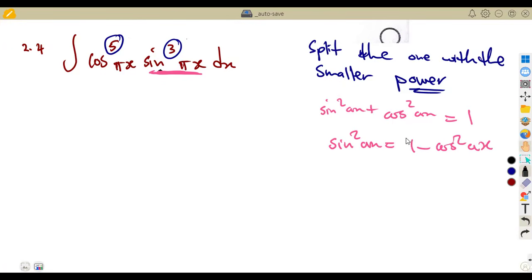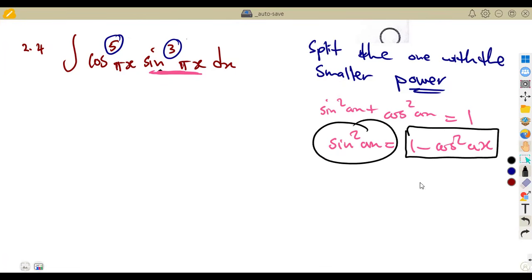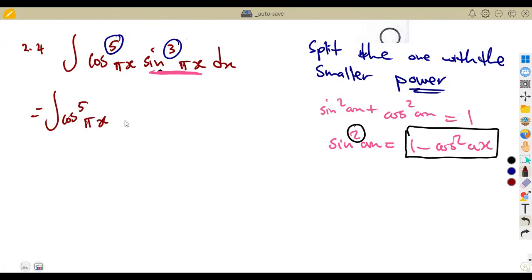When I'm saying you're supposed to split, you're supposed to split thinking in mind of having a sine squared x, so that it can be replaced with the equivalent identity. How can we make a sine squared here? This is possible. That will be cos to the exponent of 5 pi x, and that will be sine squared pi x times sine pi x.